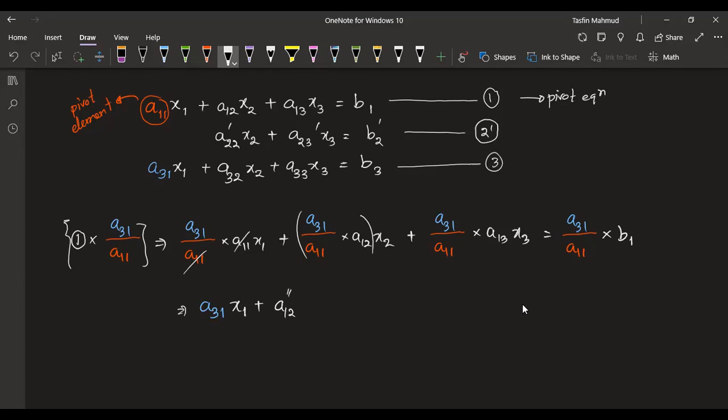A12 double prime x2, and then we are going to consider this coefficient as A13 double prime, x3, and then we are going to consider the constant as B1 double prime, and we are going to name it as 1 double prime equation. Okay, so this is the modified pivot equation now.